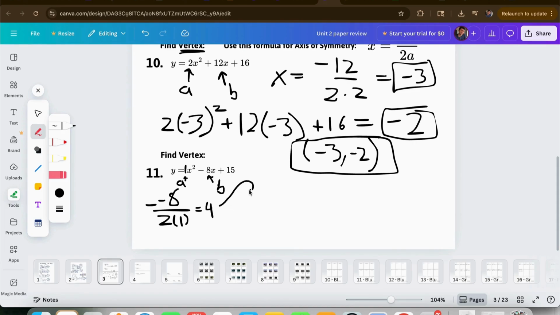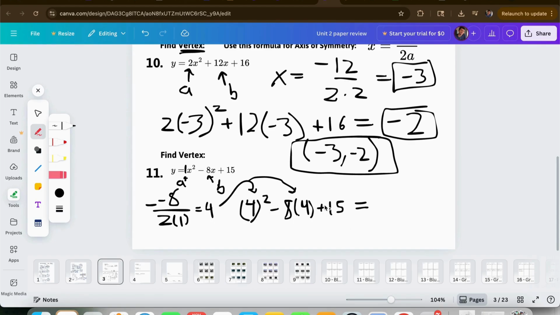That 4 I'm going to plug in to the equation, so I'll have 4 squared minus 8 times 4 plus 15. And this should compute, I believe, to just be, it was either positive or negative 1. Let's see. This will be negative 32, this will be 15, and this will be 16.